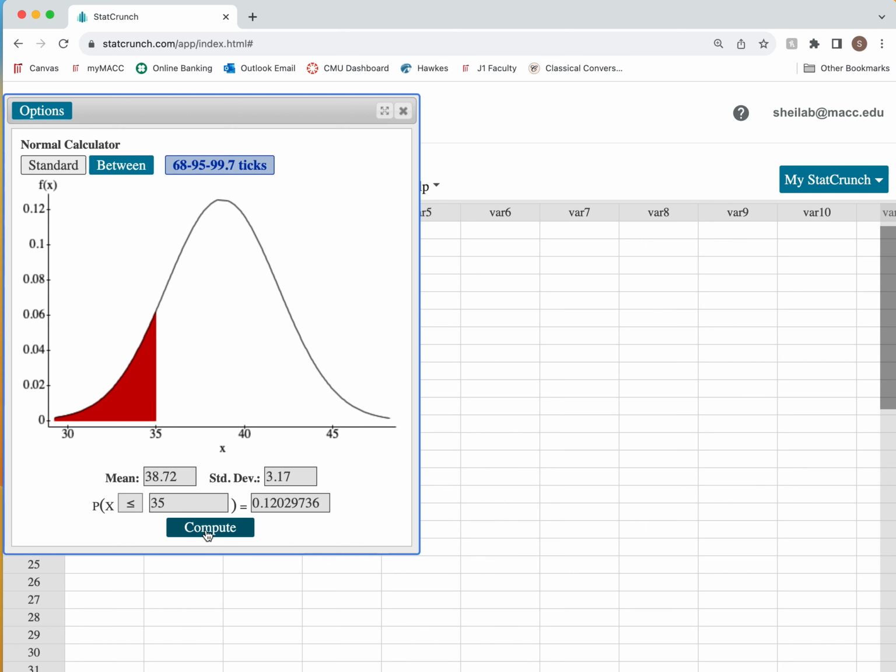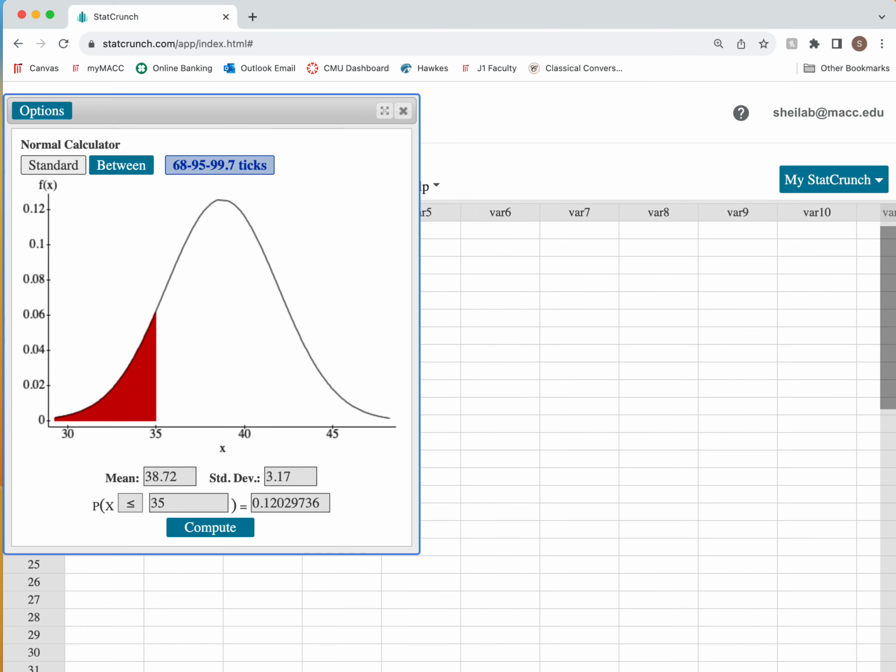When I click compute, this is my value. Let's take it to 4 decimal places. So what does this give us? 0.1203, because that's a round up.